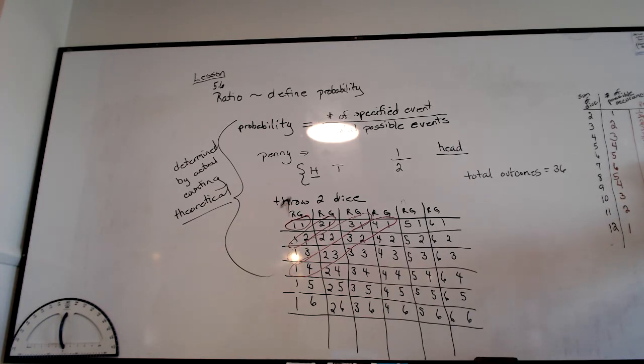Whoops, that's not a 6. But then we go back to 5 out of 36. So 7 is the most likely number. Yep. 3 out of 36, 2 out of 36, and 1 out of 36.